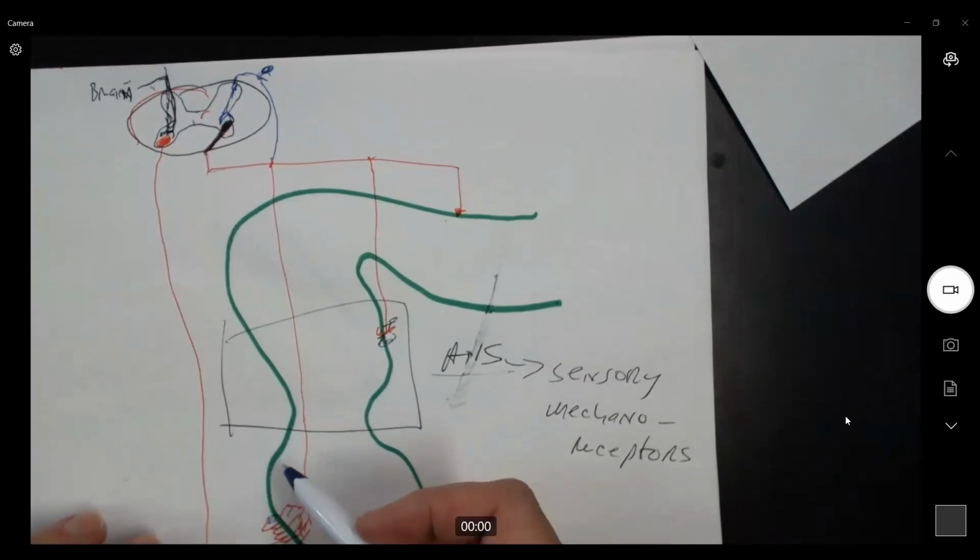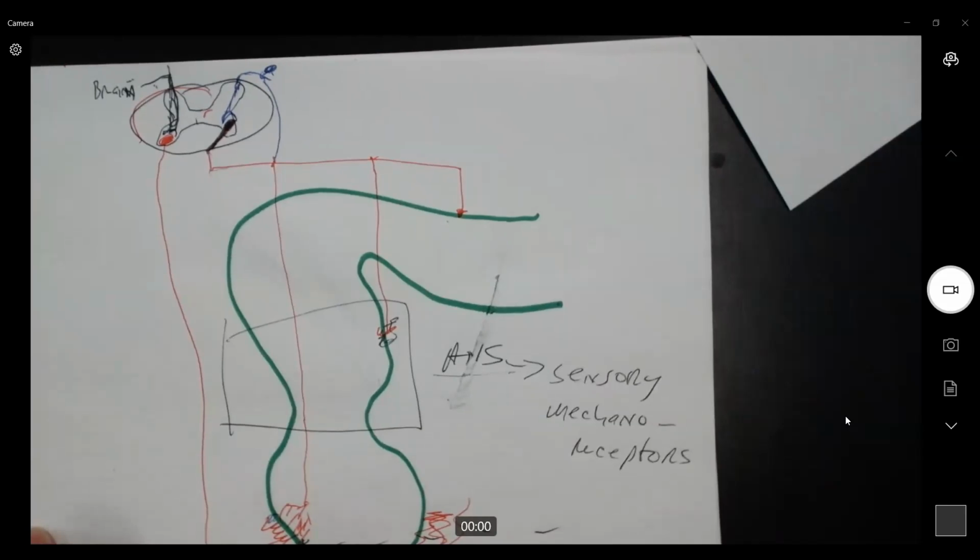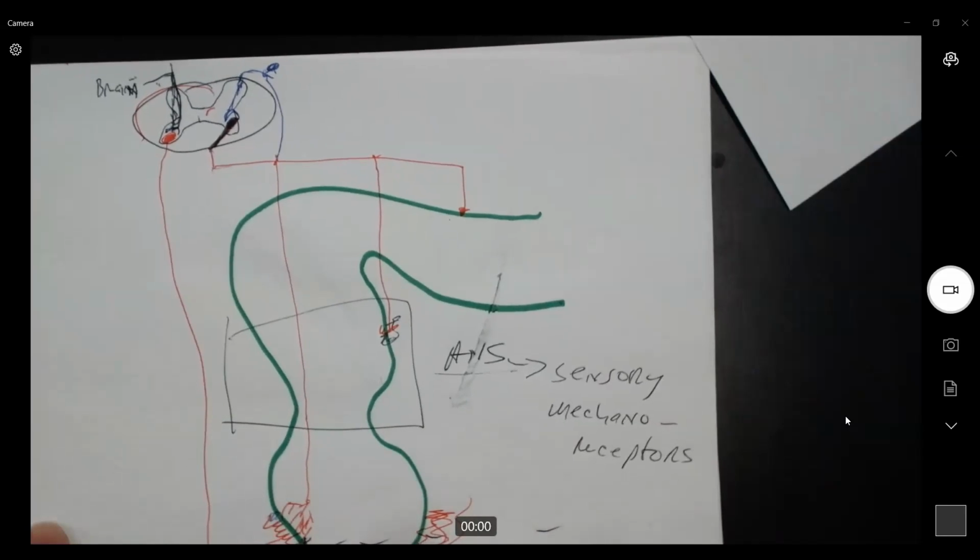There is a portion of the anal canal, and this is called either the dentate line, above which you don't have a lot of pain receptors.